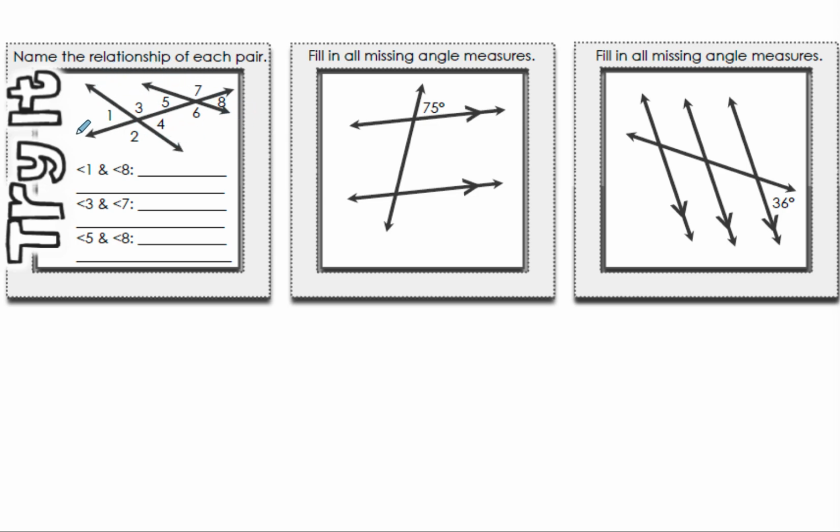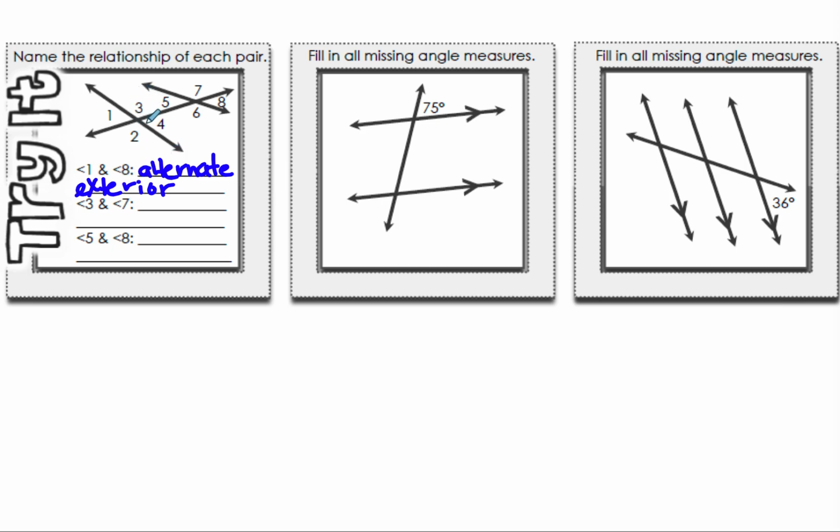We've got two parallel lines and a transversal. 1 and 8: alternate exterior. Exterior because they are on the outside of our parallel lines, and alternate because they're on different sides of the transversal.